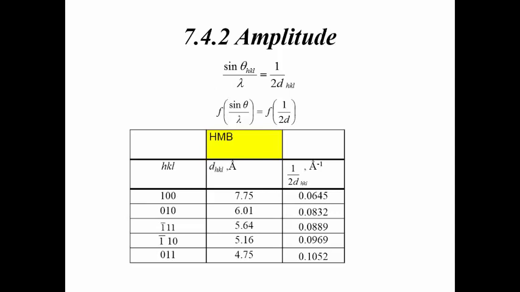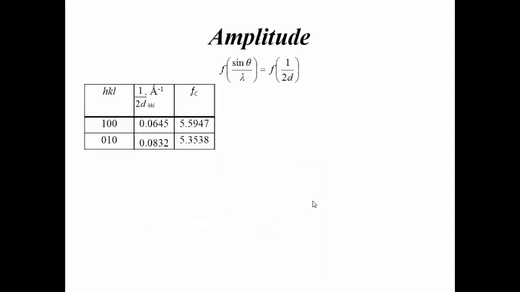Here is the calculation for hexamethylbenzene. You have the H, K, and L, and you can calculate the d spacing. We've done that in Chapters 5 and 6 with the reciprocal lattice. Here are the examples, and then we take 1 over 2d, and that is what we're looking for along the Cromer-Mann diagram.